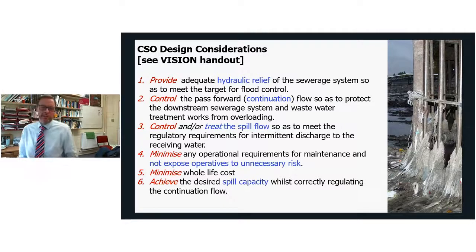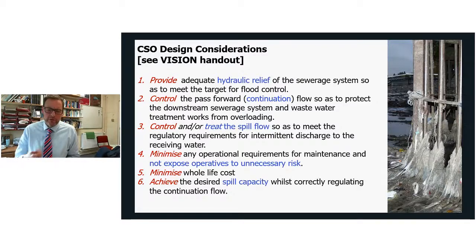So, design considerations for CSOs: they've got to provide hydraulic relief, so it's about reducing flood risk. There's got to be some control over how they're running. You've got to minimise operational requirements, so there's no point in having a really fine screen, which is an absolute disaster because it keeps on blocking and causing lots of problems during rainfall events. You've got to think about the risk of people having to keep it clean during rainfall events, if that's an issue, even though you'd be crazy to go in a sewer system during a rainfall event.